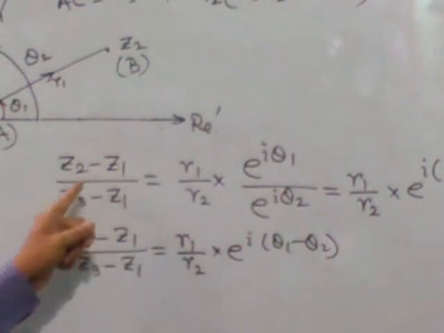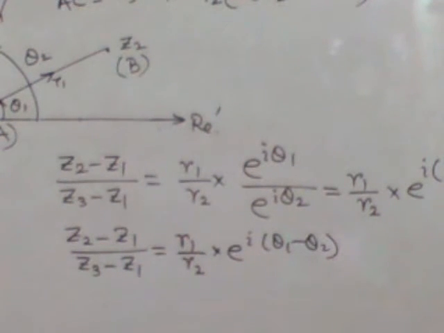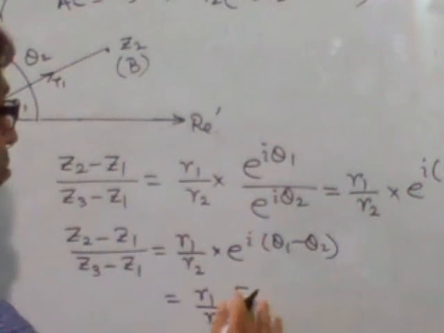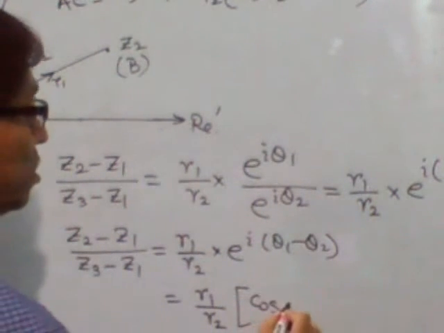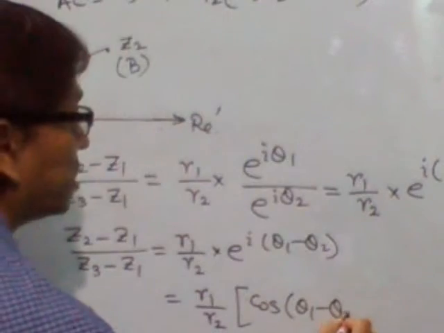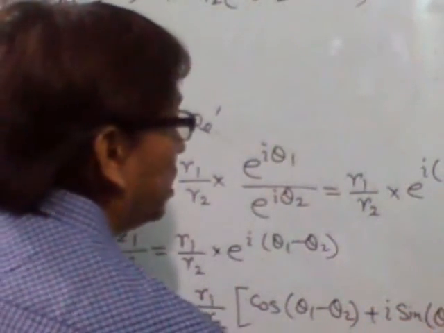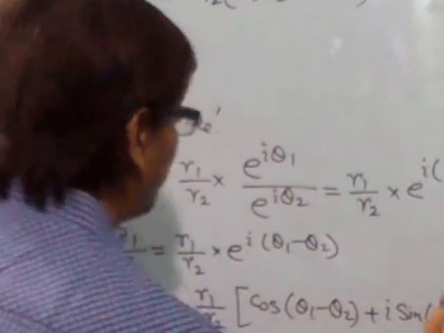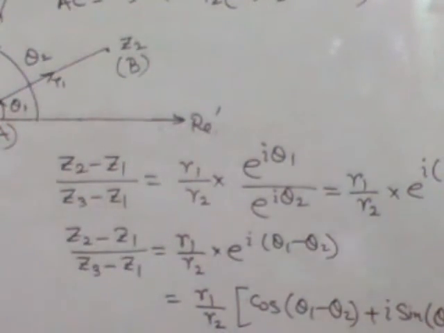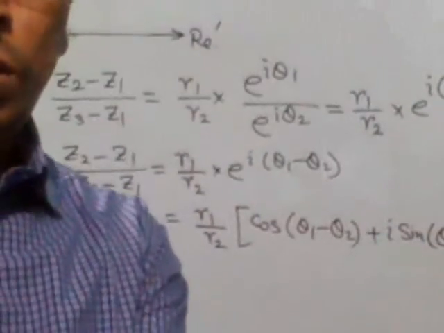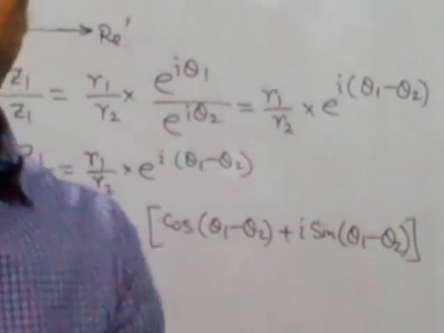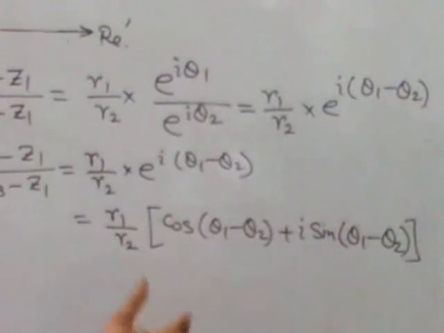So this thing can be written as R1 by R2 and within bracket cos of theta 1 minus theta 2 plus I sin of theta 1 minus theta 2. See this. So this can be again written as this.